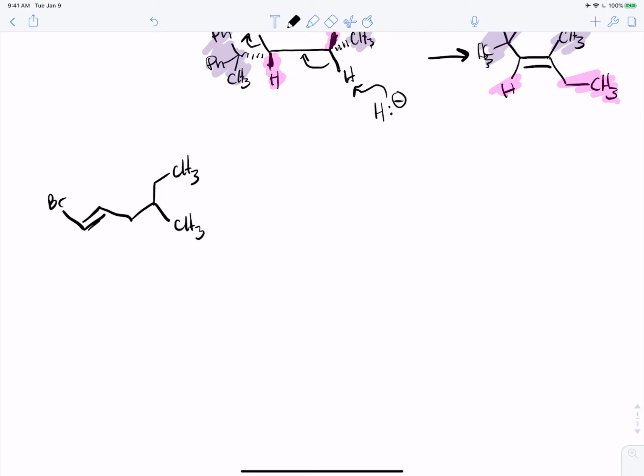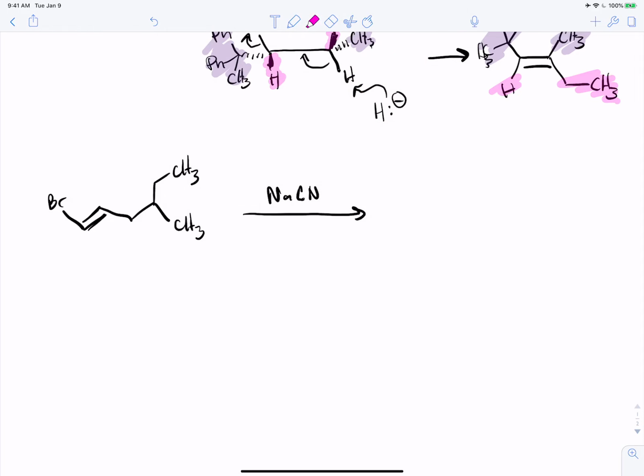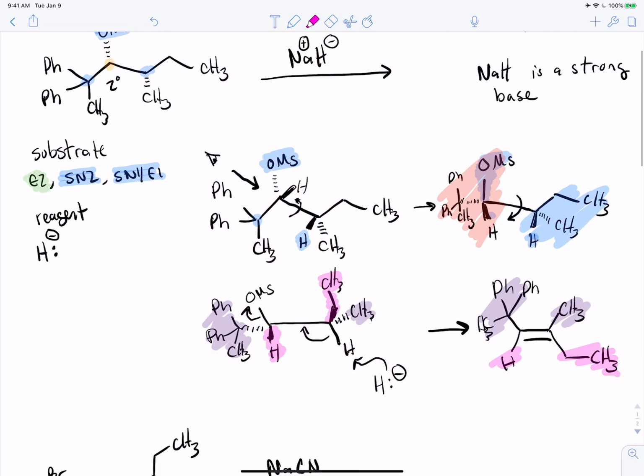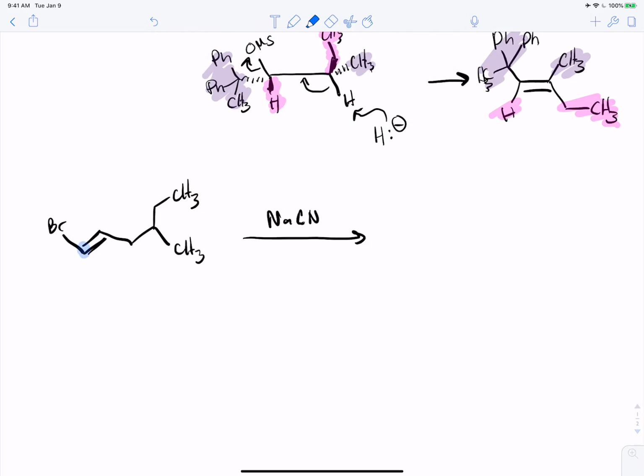Okay, so this one I look at, sodium cyanide, it's a good nucleophile. But the thing that really stands out to me, and the place I almost always start my analysis, is the substrate. What is this?